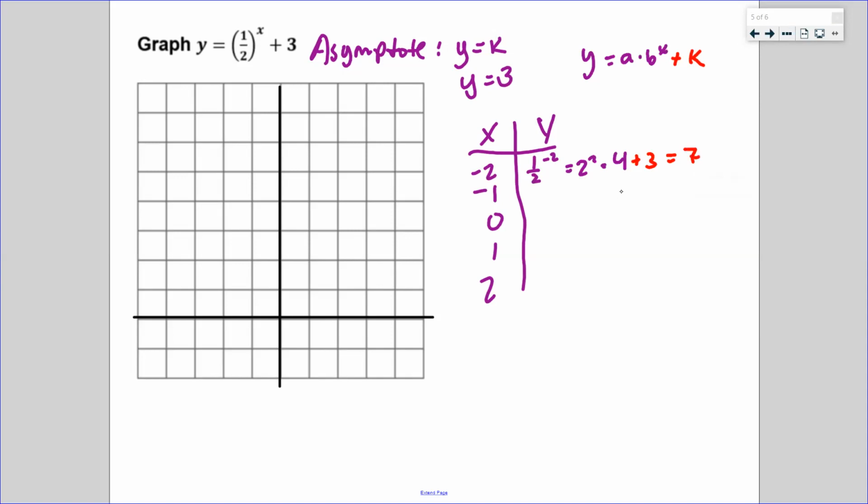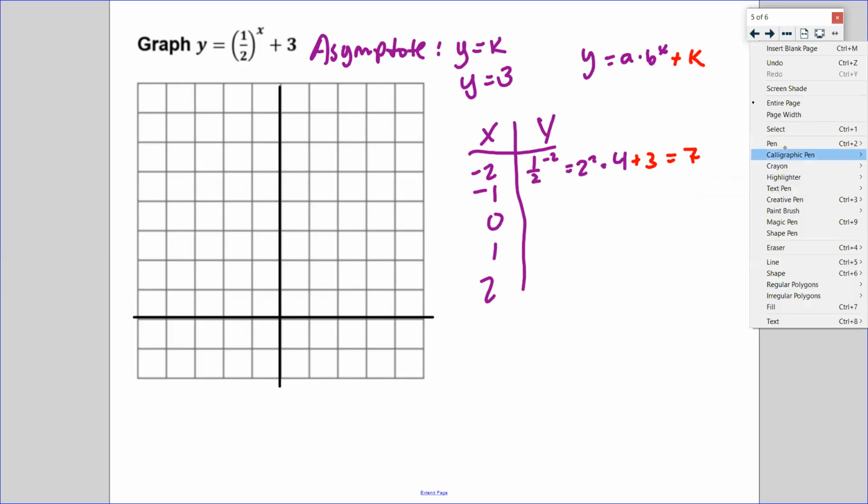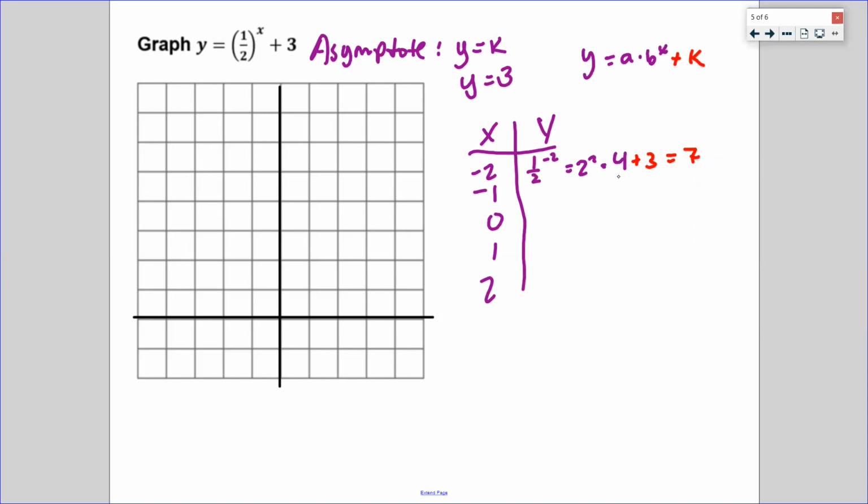So if you want to follow the pattern of b telling us the next number, you can do that, but it has to be with what's in purple. The next number will not be half of 7. It'll be half of 4 plus 3. So what I mean by that is, 1/2 to the negative first, or 2 to the first.